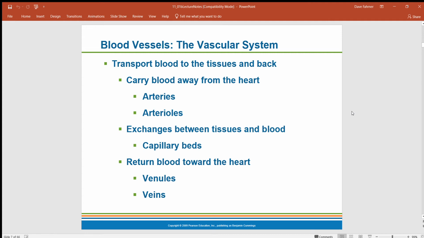Through the work of William Harvey in the 17th century, who was a physician and one of the first gentlemen to work on cadavers, looking at the internal contents of human beings, he gave us a whole new perspective on how circulation actually occurred.